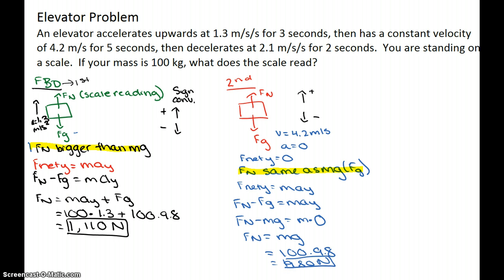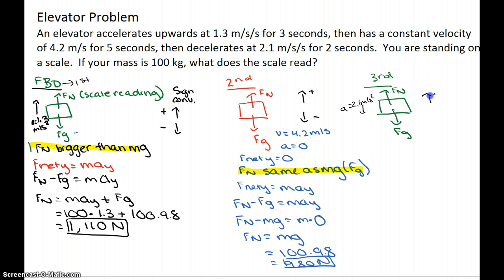Now we have one more situation left. On this one, we're decelerating at 2.1 meters per second squared for 2 seconds. To draw that free body diagram, again I've got my weight acting on me and the normal force. I'm going to make a note that I'm accelerating downward at 2.1 meters per second squared. But I'm still going to say that up is positive and down is negative, because ultimately I want Fn, and I want that normal force to be positive.